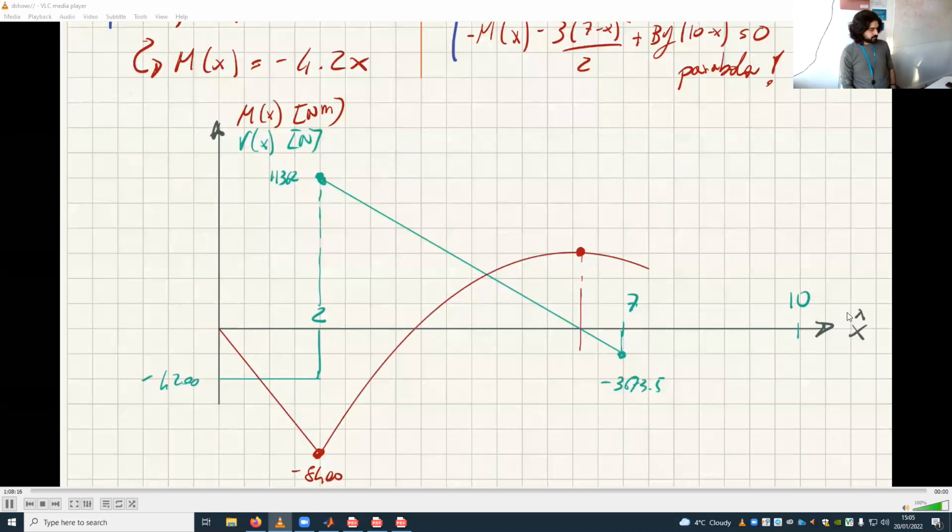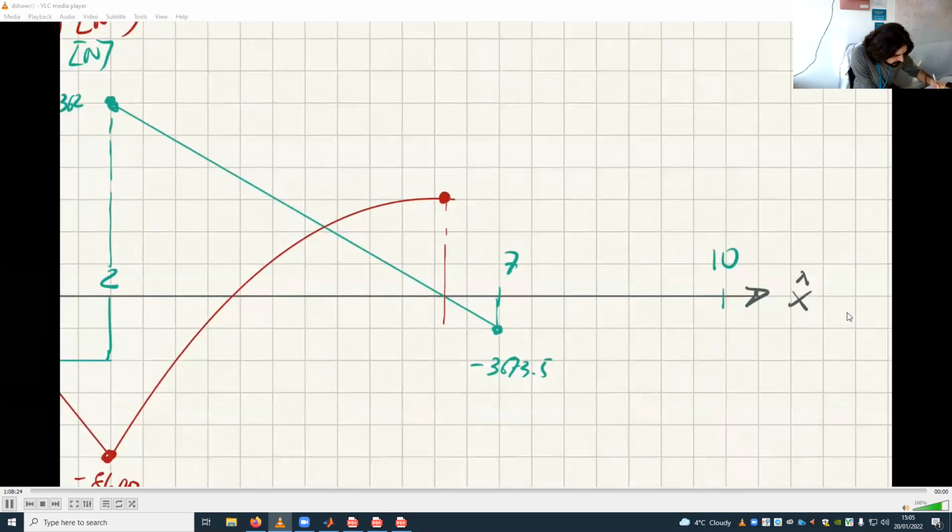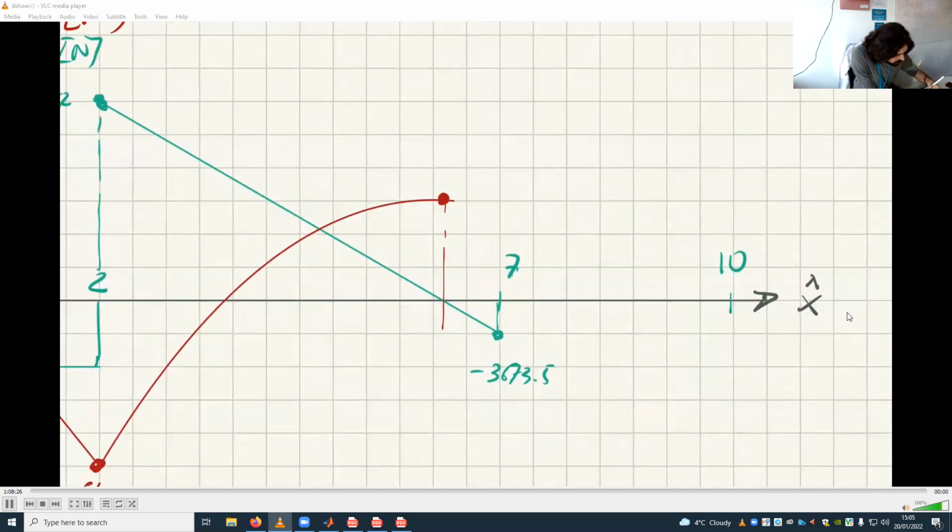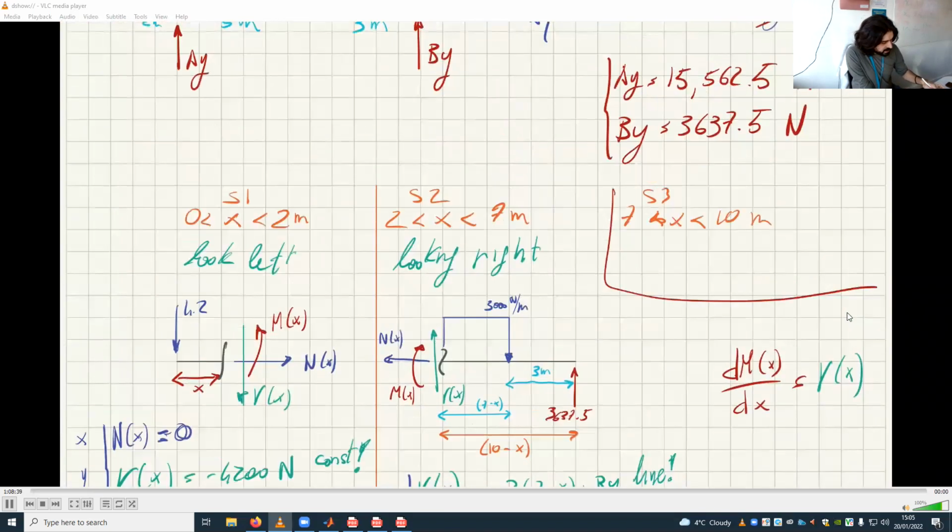It must be. And then let me move this. Then finally, oh, sorry, this is, it must be like this. And then finally, from here to here, well, we can see this quite easily.